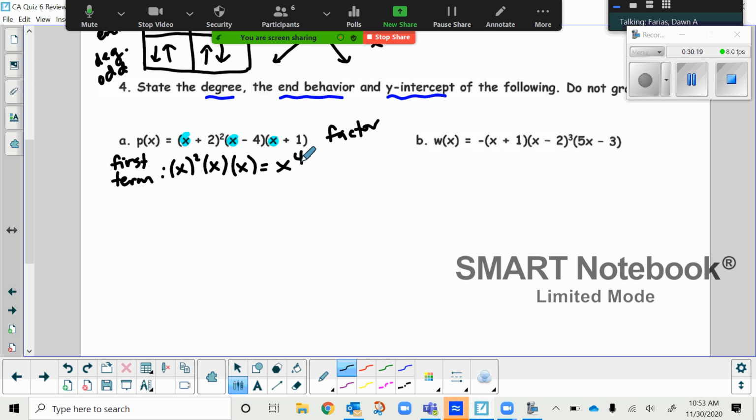Right, and that's going to give me x to the 4. And that's all we need now. We can tell the a value, which is 1. So our first term, x to the 4, gives me my degree, which is 4.